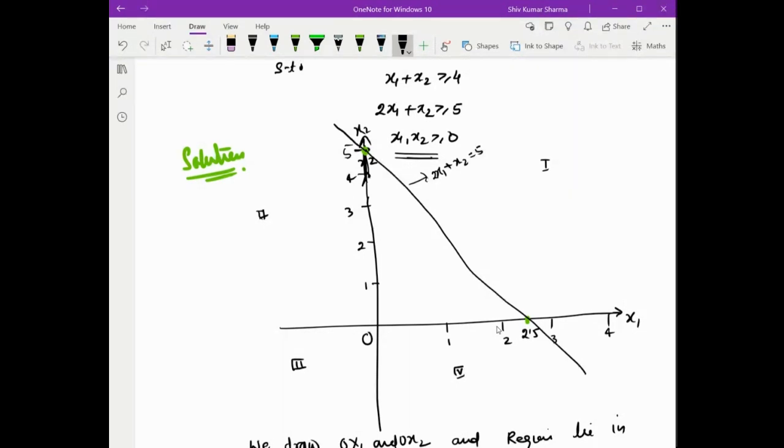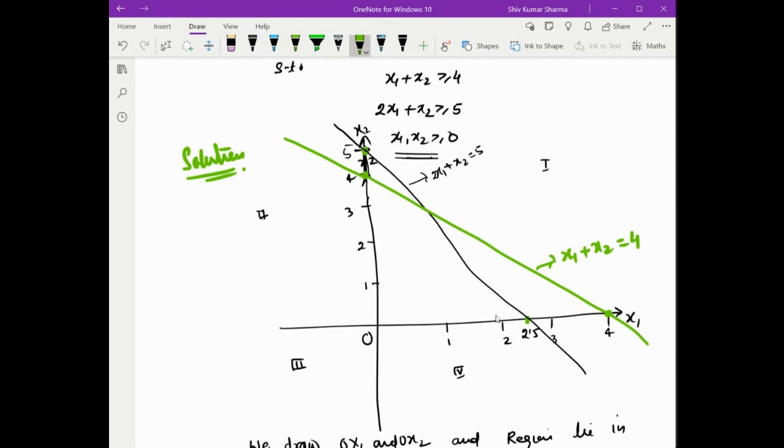And the second line, where x1 equals 4 and x2 equals 4, is x1 plus x2 equal to 4. So this is the second line.